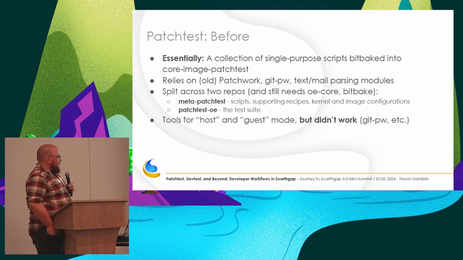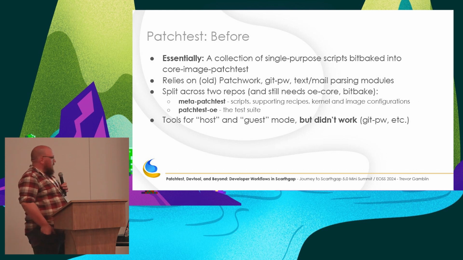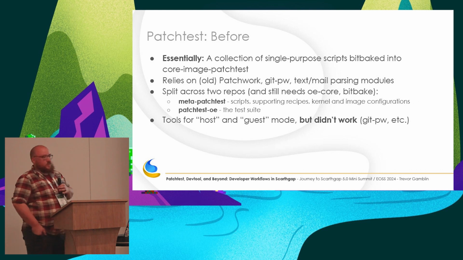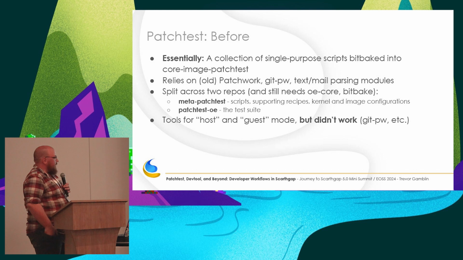As I mentioned, it relies on the old Patchwork tool called getpw, which is just a Python module for interacting with Patchwork, and a bunch of parsing modules for mboxes and text in general. It was split across 2 different repos, in addition to needing the core ones. Meta-patchtest was where the bulk of everything recipe-wise resided, and then patchtest-oe, which was just the test suite, which is a little bit odd.